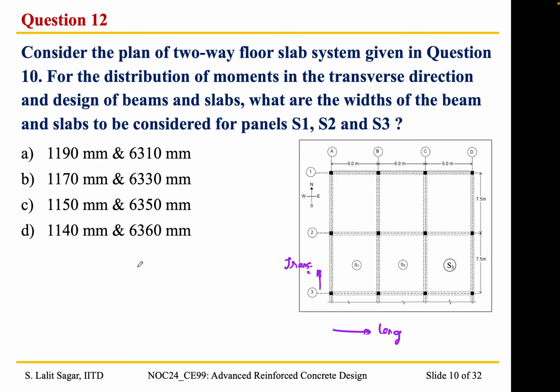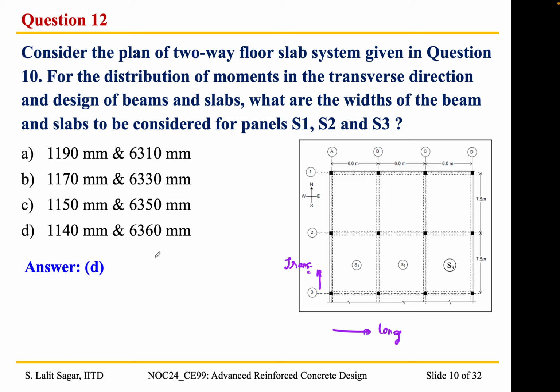So it is quite obvious. Yeah, option D is absolutely right, because if you take the composite action of the beam and the slab, we need to consider the T beam.